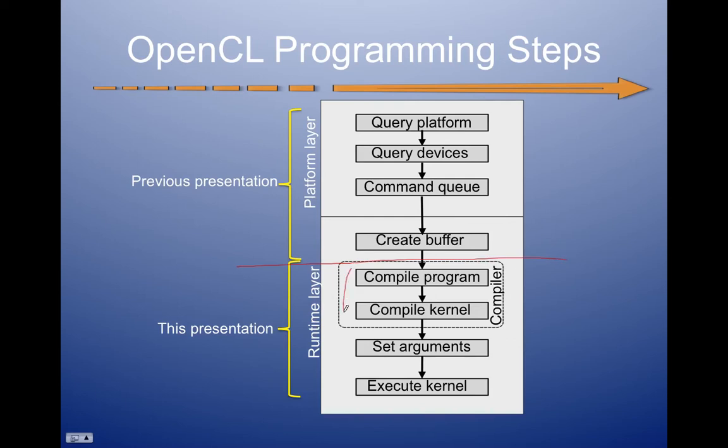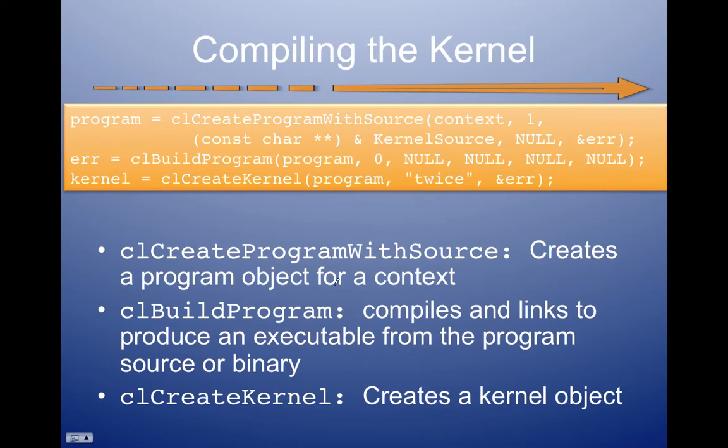So now we will see how to create the executable kernel, set the arguments, and execute the kernel. To create the kernel, I first need to create a program, and this is where I will give the string. This string contains the kernel source code.